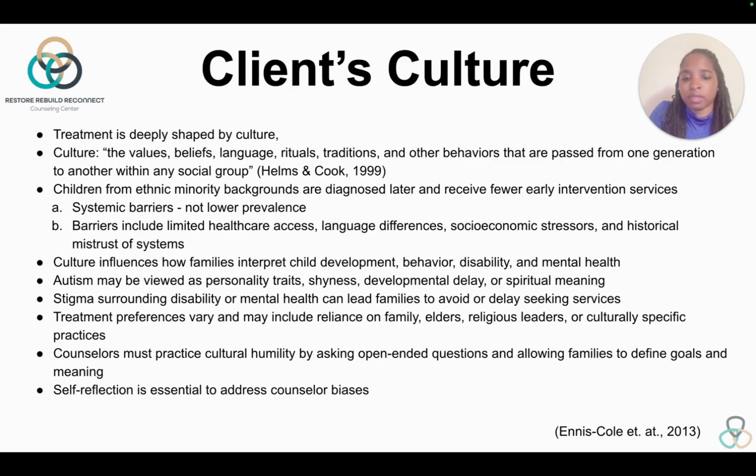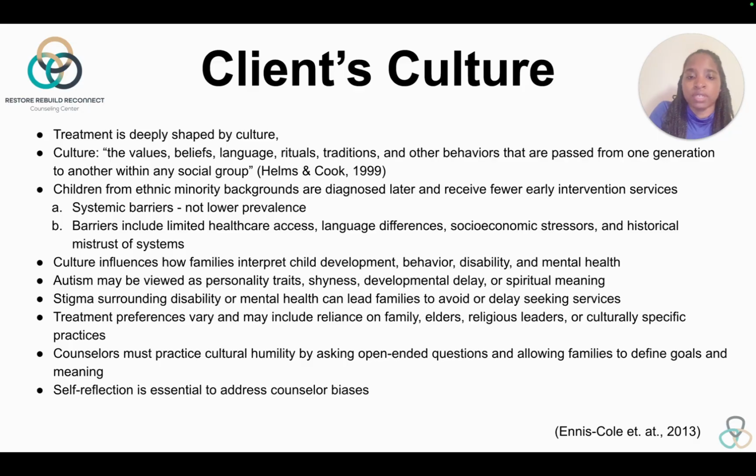And then in some cultures, having a disability is very stigmatized, which leads some families to avoid seeking help out of a fear of judgment or blame or social exclusion. And then different cultures also have different views on treatment.